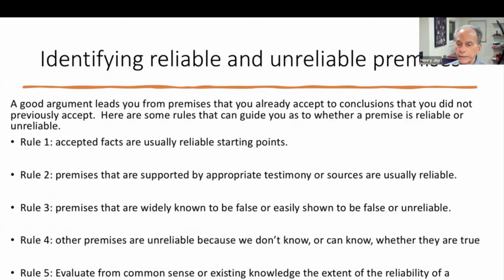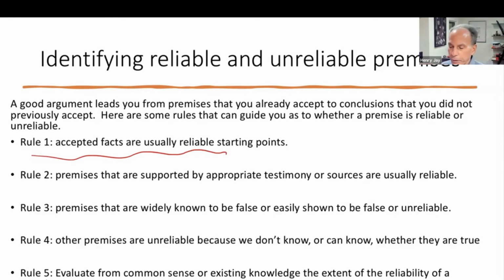So this slide, I think I'll have a few more minutes and we'll finish up. So we have been thinking about how you identify reliable and unreliable premises. Well, if a premise is a fact, then we know that's reliable.